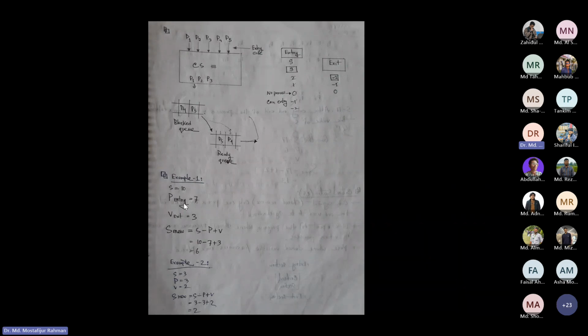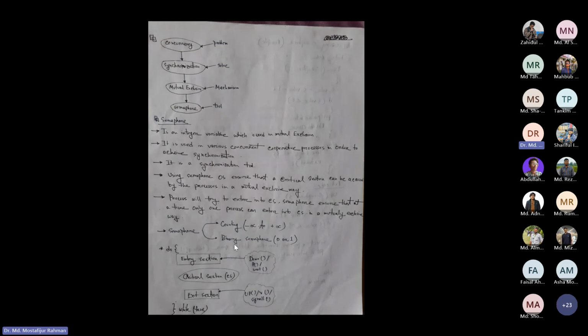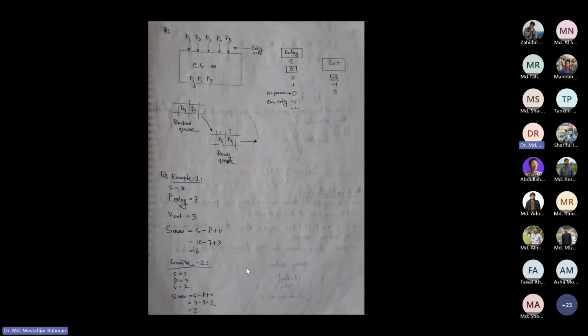P entry means the entry code. P entry is 7: 7 processes got entry, while another 3 were supposed to enter but have not.